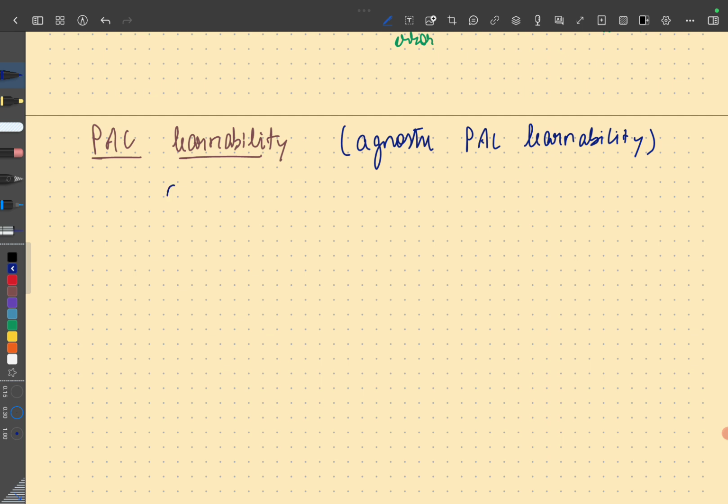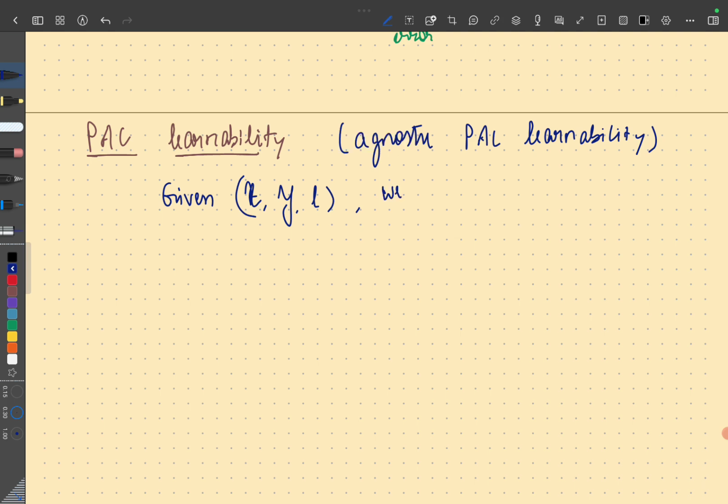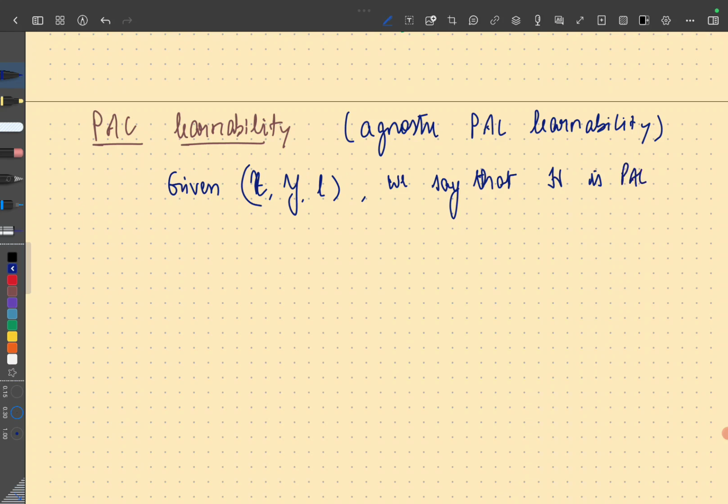Given X, Y, and the loss function, so these are fixed beforehand, we say that a hypothesis class H is PAC learnable if you can achieve R of hS to be close to R of h star using a finite number of samples. At a high level, that's what PAC learnability refers to.